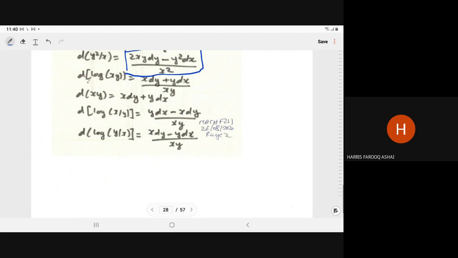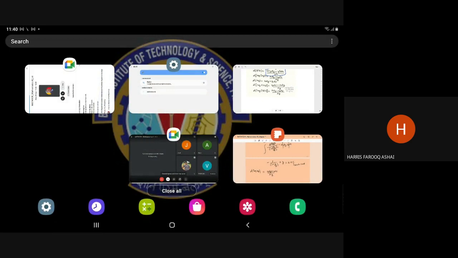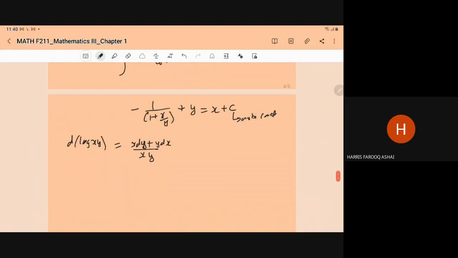D of log of x upon y can be written as 1 upon x upon y, and the derivative of x upon y will be y dx minus x dy upon y square.